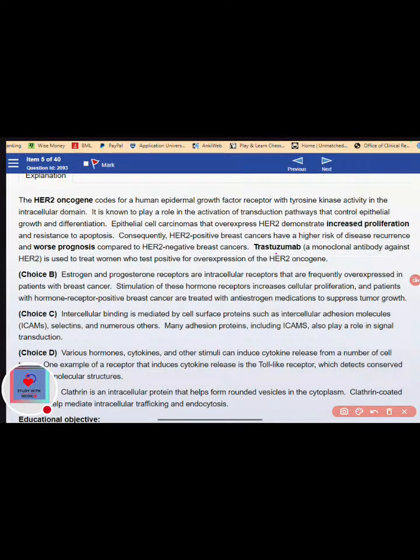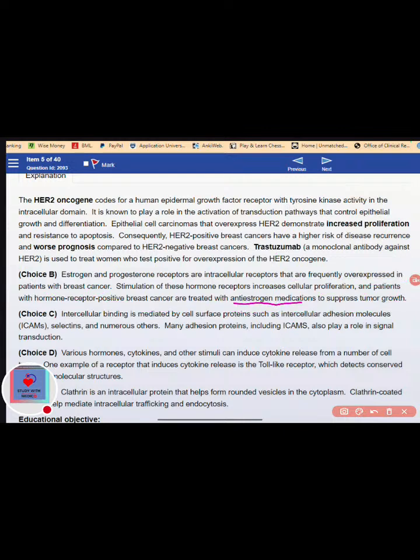Estrogen and progesterone receptors, which are intracellular receptors, are frequently overexpressed in patients with breast cancer. These hormone receptors increase cellular proliferation, and patients with hormone receptor-positive tumors are given anti-estrogen medications to suppress tumor growth.